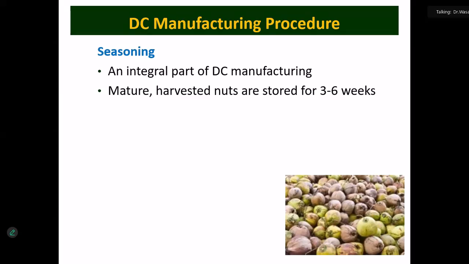Why? To complete seasoning, it needs 3 weeks. If you keep them more than 6 weeks, what will happen? Germination will happen. That is not good. They are not taken for DC. So what is the purpose of seasoning?